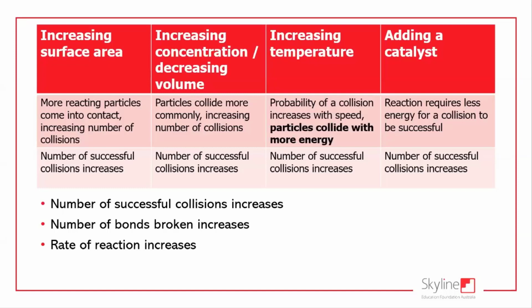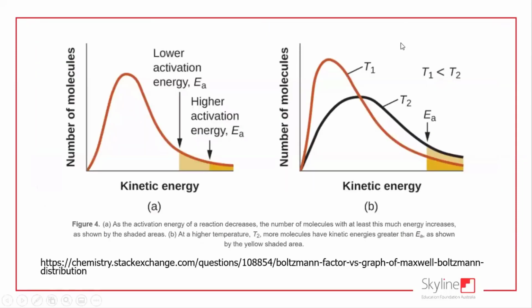A catalyst is also a cool one. A reaction requires less energy for a collision to be successful, so we decrease the activation energy. And we see this on these Maxwell-Boltzmann curves. This graph here is the amount of energy that all of our particles have.